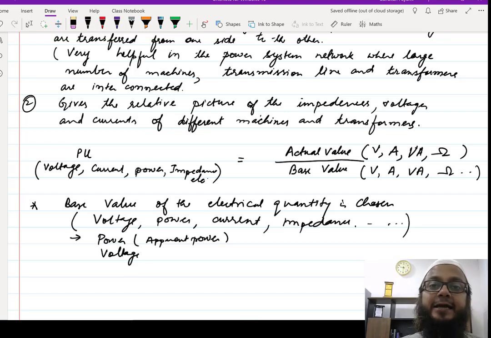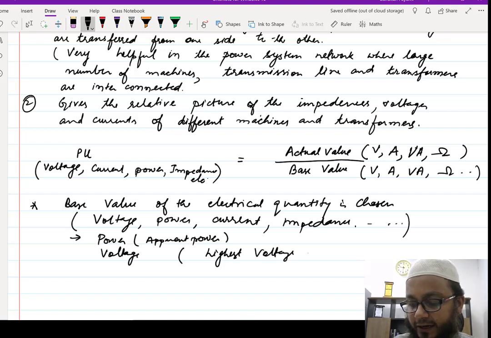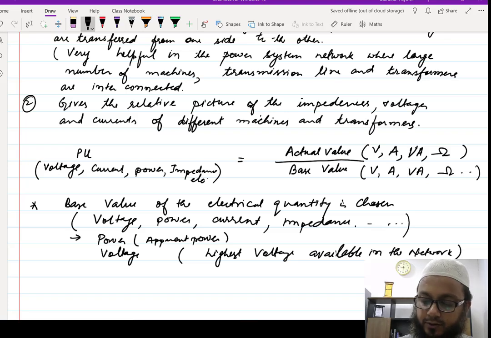Let's say multiple machines and multiple transformers are connected. Which voltage should we choose, and which power should we choose? Generally we can choose any value, but the standard is that we choose the highest voltage available in the network, and the highest power.